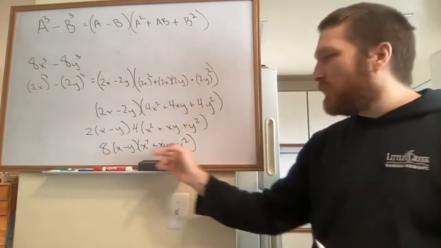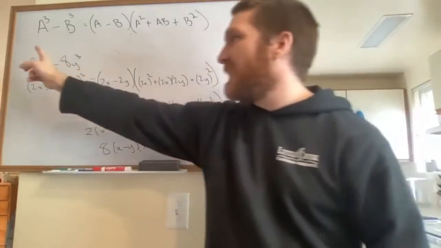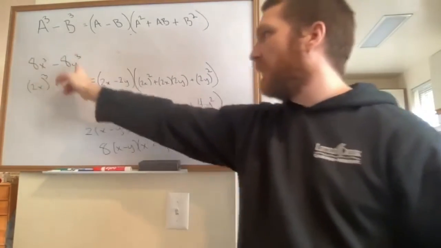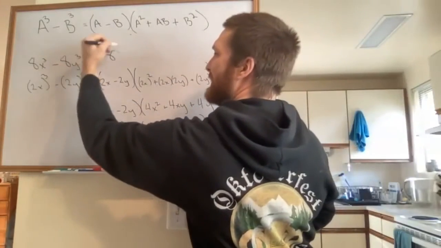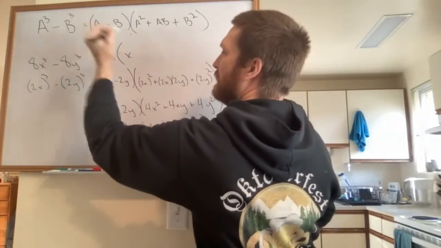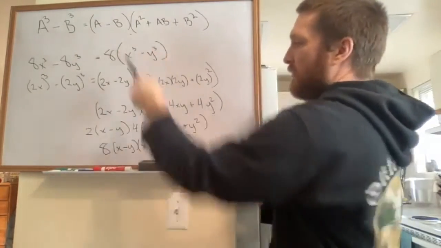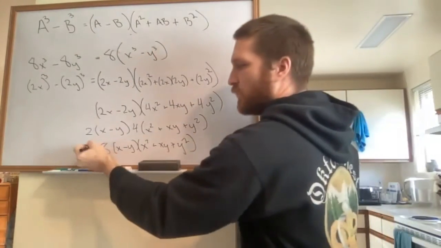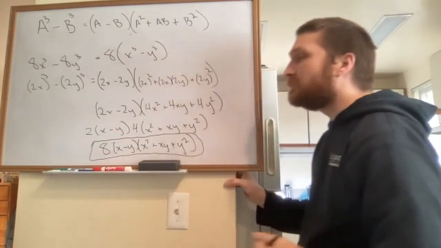But that's exactly what you would get if in the very beginning you said, well, wait a second, I have a common factor here. And I could have pulled it out at the very beginning to give me 8 times the x cubed minus y cubed. And then I would have this right here. Either way, you've done it.